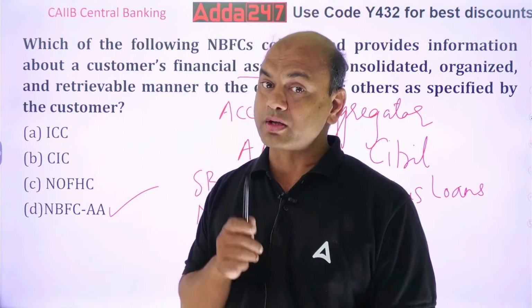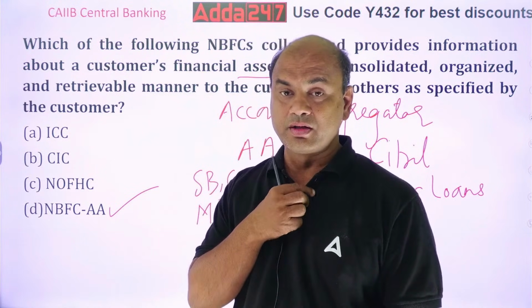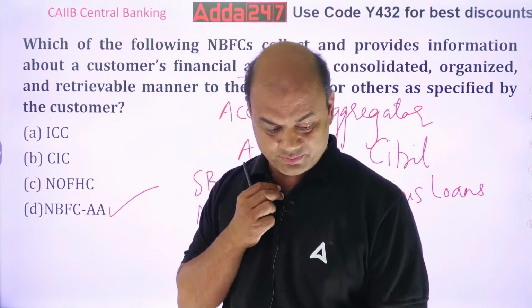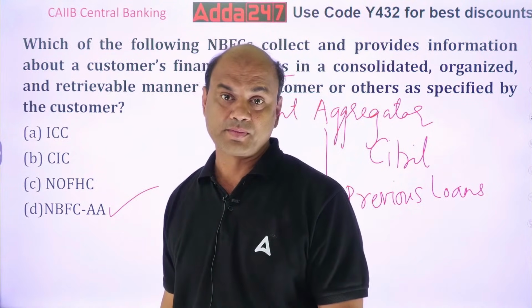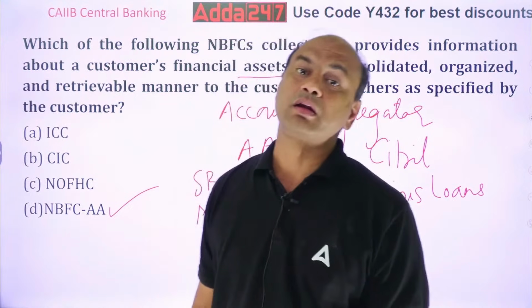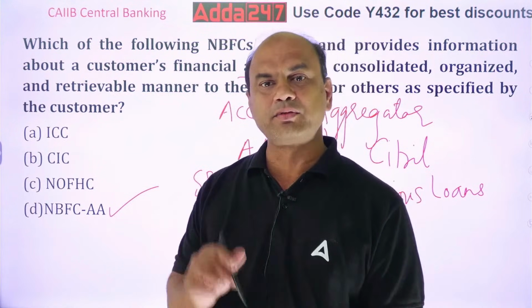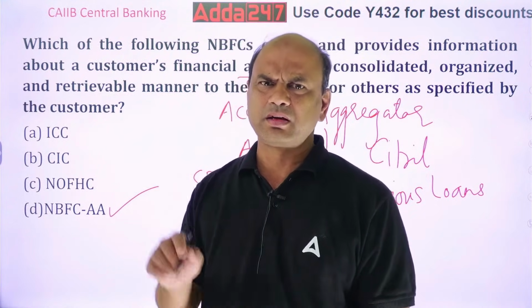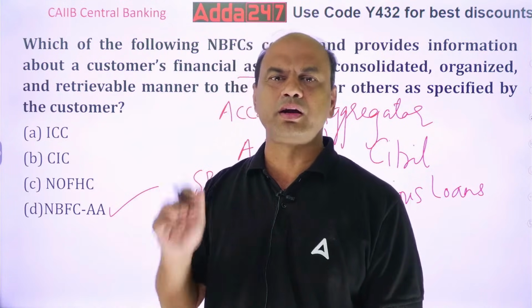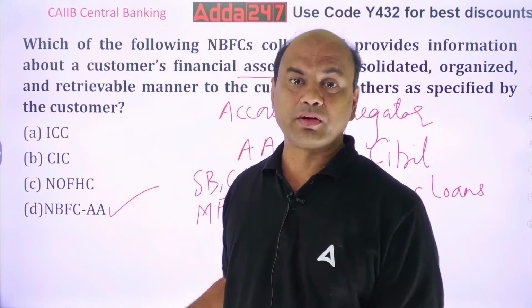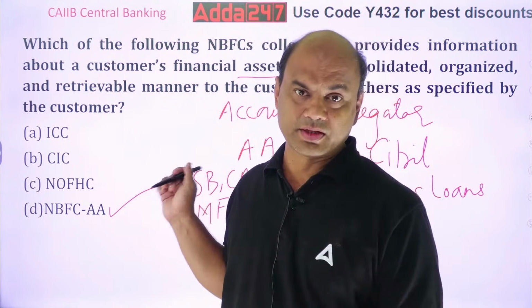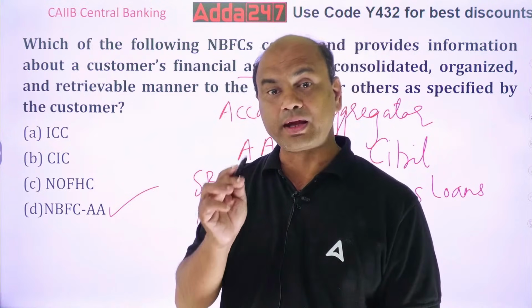After taking your consent, it won't give it like that only. It will take your consent and then give it. Now you'll ask me, sir, whenever I give the consent, I don't check, I just tick, tick, tick, yes, yes, yes, and go ahead. The rule is like this: whenever it gives a consent, it should not be a blanket consent.